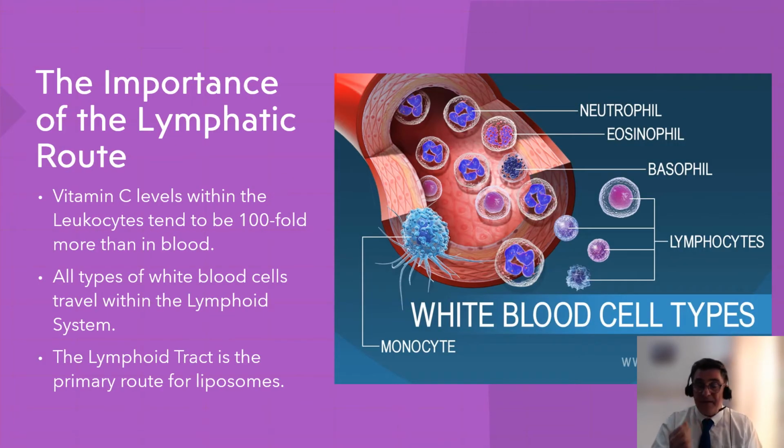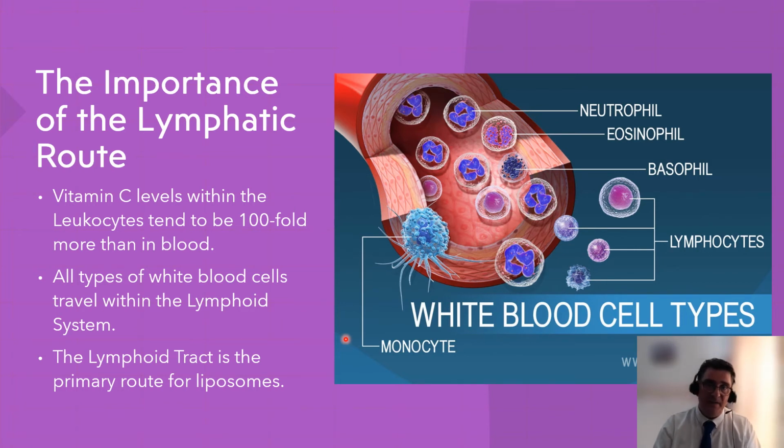But providing vitamin C in a liposome also has a significant importance due to the absorption route. We know that liposomes' preferred absorption route is via the lymphatic system. And all types of defensive cells are traveling in the system as well.